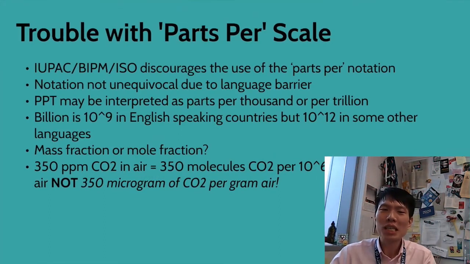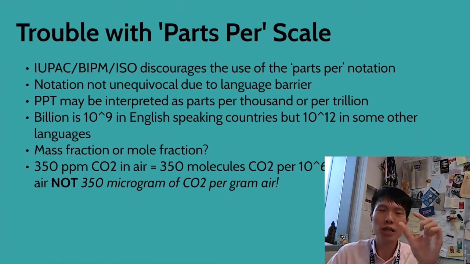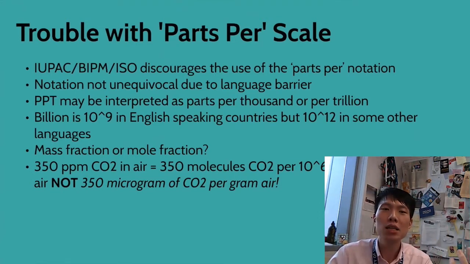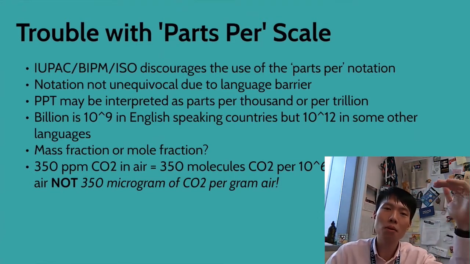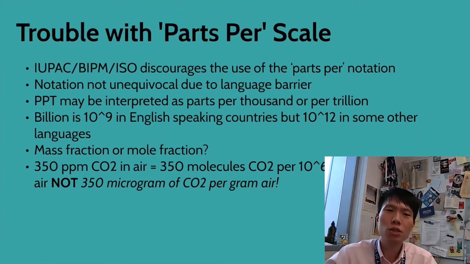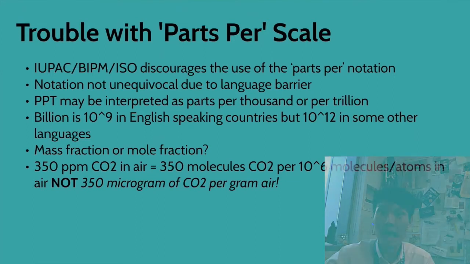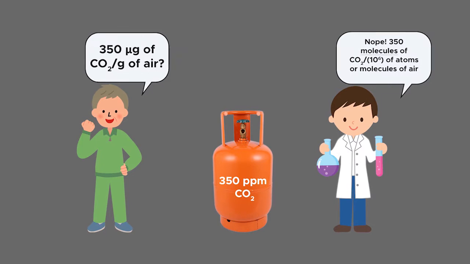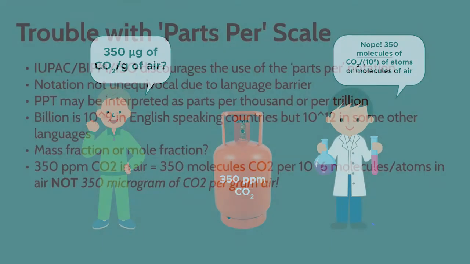There is also the issue of whether it is a mass fraction or a mole fraction, because parts is a fraction, a proportion, with no unit. So we are unsure whether it is mass per mass or mole per mole. For instance, 350 ppm of CO2 in the air is 350 molecules of CO2 per 1 million molecules in the air, not 350 micrograms of CO2 per gram of air.